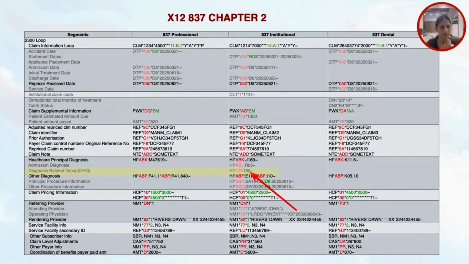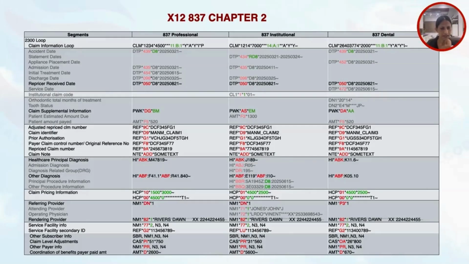So in this case, the possible derived code for this patient in the example is 195. You notice that for 837P and 837D, we only utilize principal diagnosis and other diagnosis codes. We don't utilize anything else.